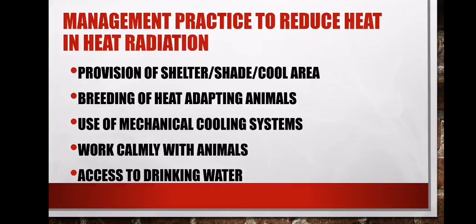We then looked at the 5 ways in which an animal can lose heat: evaporation, heat radiation, conduction, convection, and excretion. Master the definition and the diagram if it is there. Then we looked at signs of an animal that has heat stress, and management practices to reduce the heat stress. That's what we have checked.